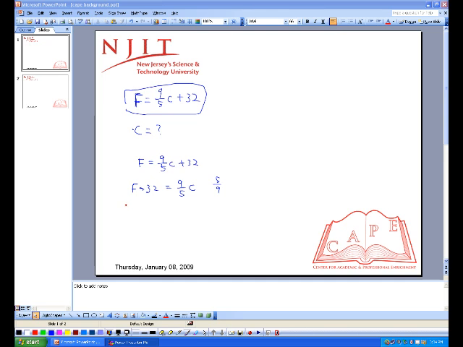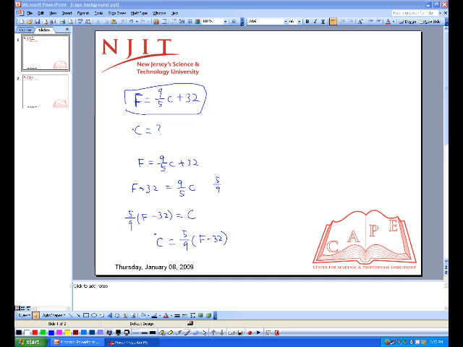So if we multiply both sides by 5 over 9, F minus 32 gives us just C. So in the end, we can write the equation like this: C is equal to 5 over 9 multiplied by F minus 32.